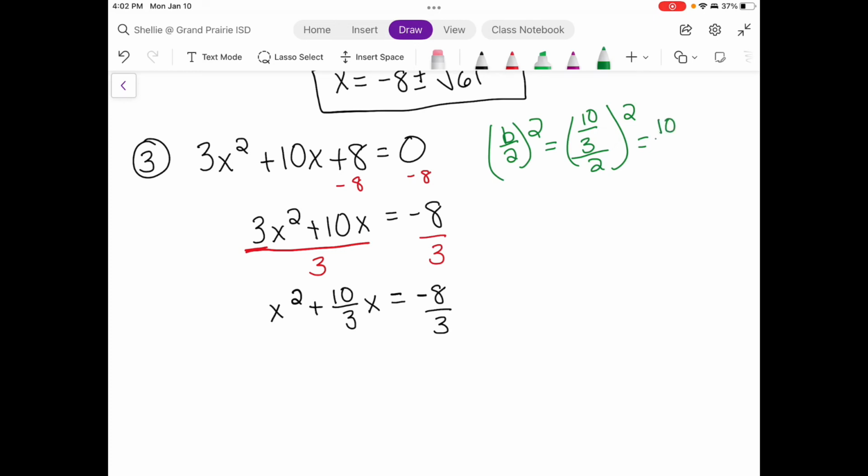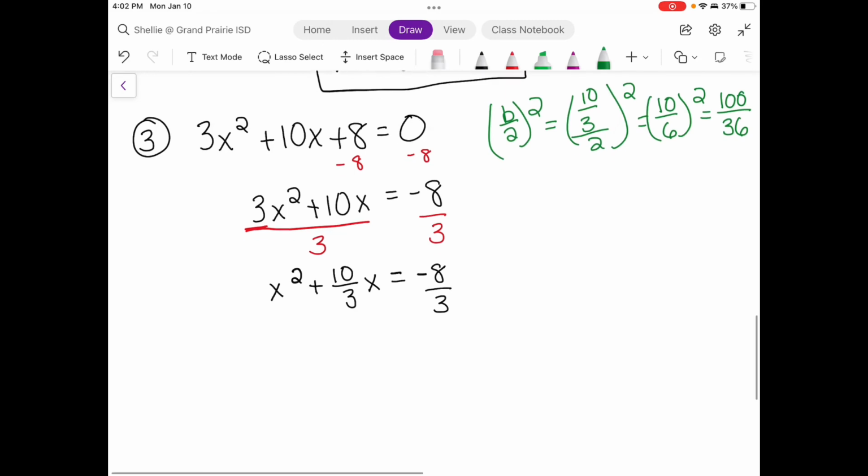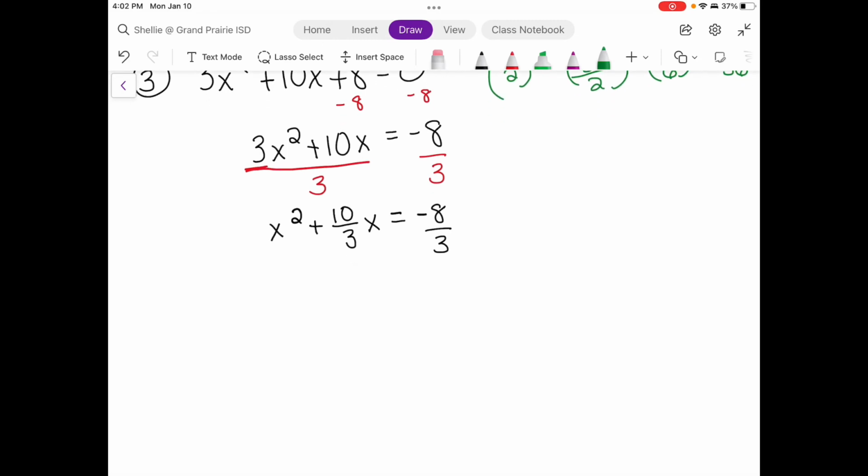Yes, 10 over 6. All of that squared. That's going to be 100 over 36. So we have 100 over 36. Okay. So I'm going to add that to both sides.